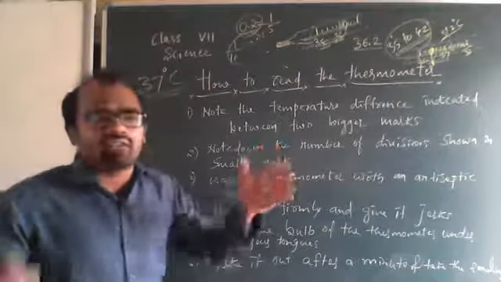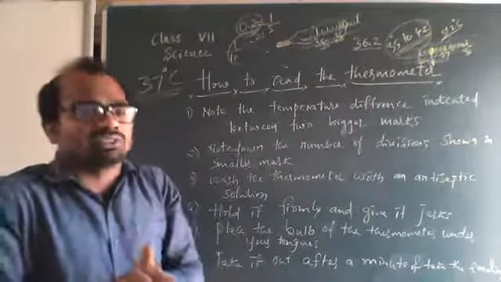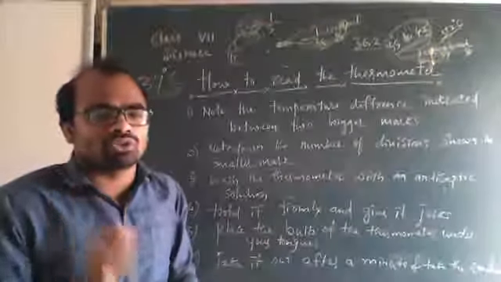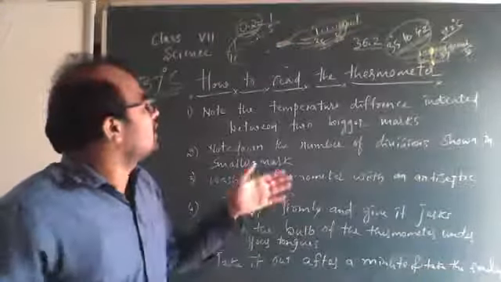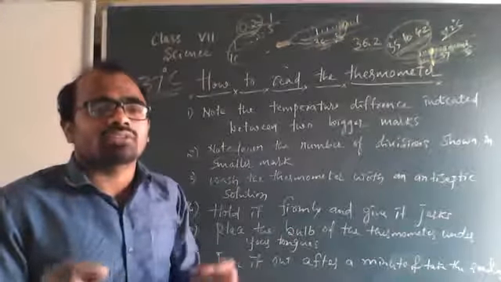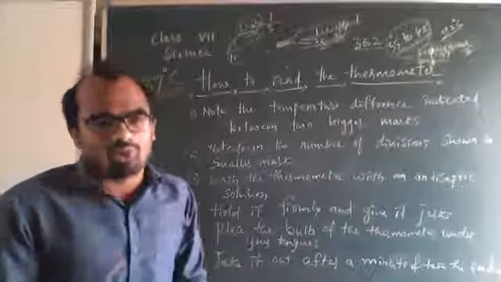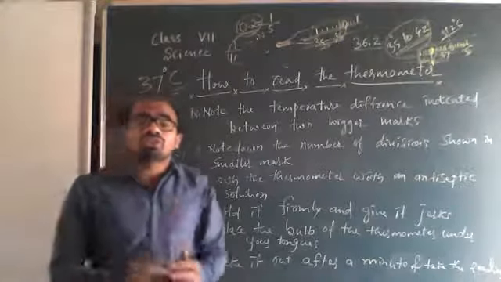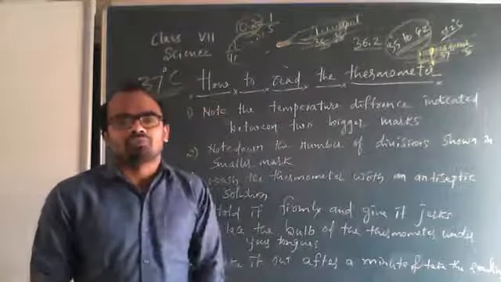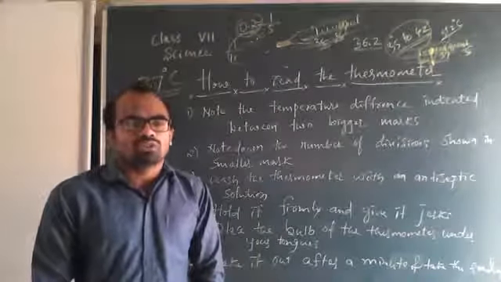If there are 5 small divisions present between two bigger marks, consider 1 small division equal to 0.2. If there are 10 small divisions present, consider each small division as 0.1. So this is how you have to read your thermometer. I hope you all understood this.